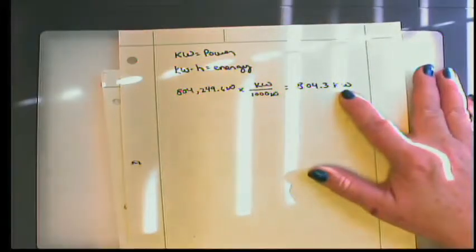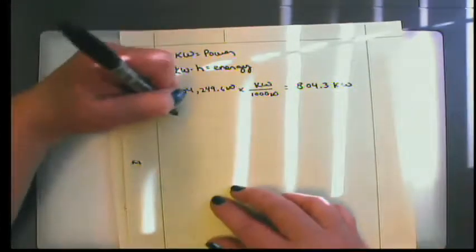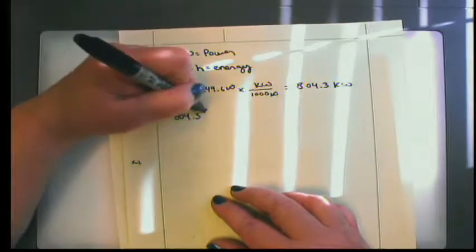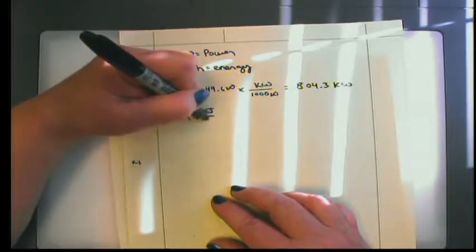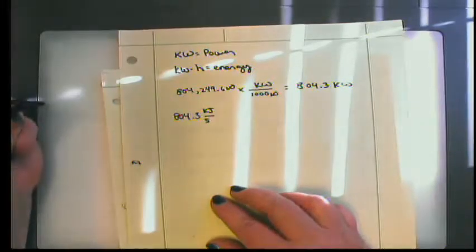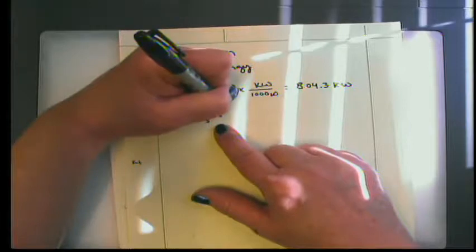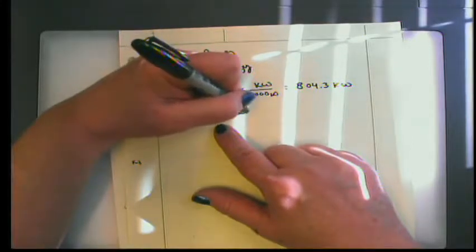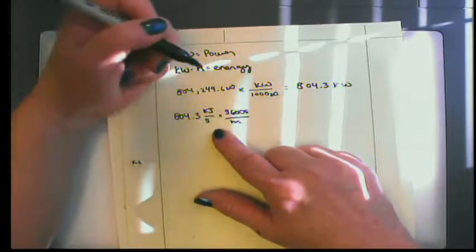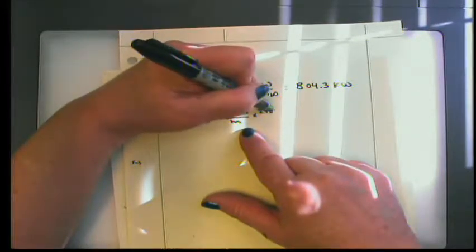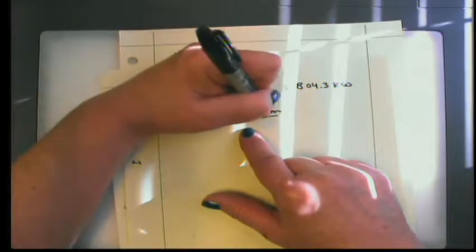That is the rate at which I'm generating power. 804.3 kilowatts is a kilojoule per second. And there are 3,600 seconds per hour, and there are 24 hours per day.